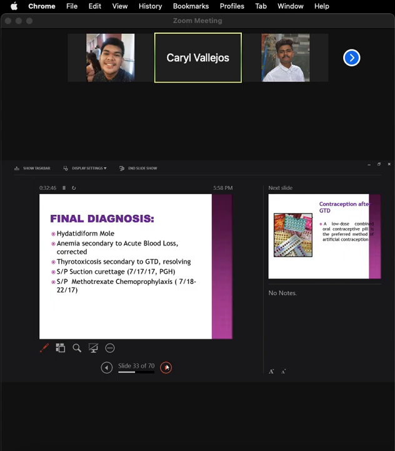As I said a while ago, suction curettage is the best method that we could offer, especially if the patient came in with profuse vaginal bleeding. However, if the patient is non-desirous of pregnancy and has stable vital signs, you could offer a hysterectomy with mole in situ in our index case.